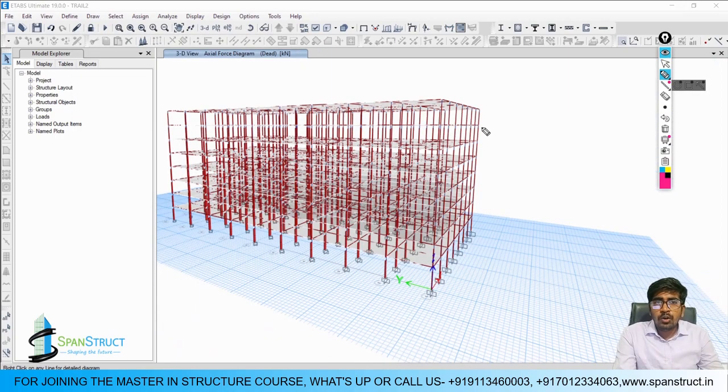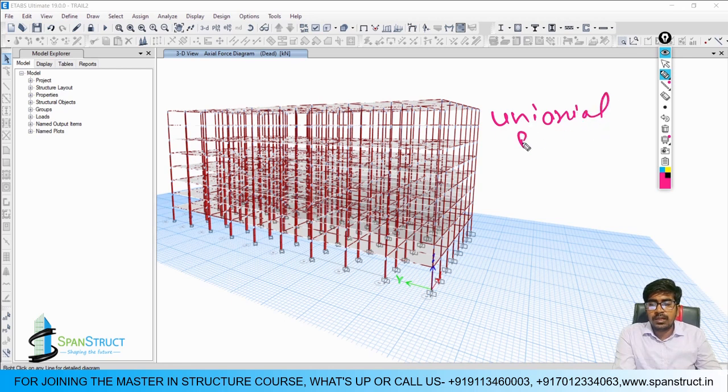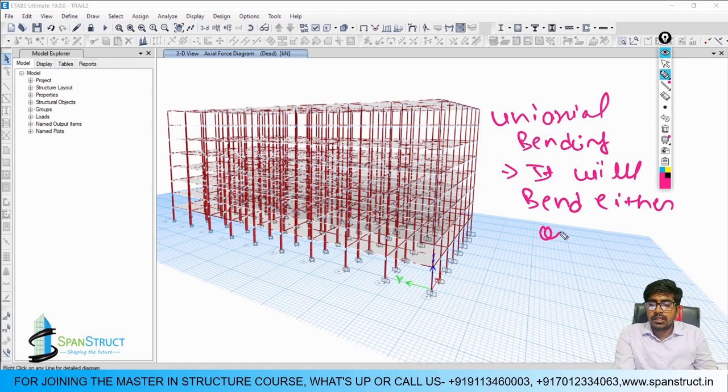Now if you look at the definition of uniaxial bending, I can write a definition that it will bend in either of the directions.